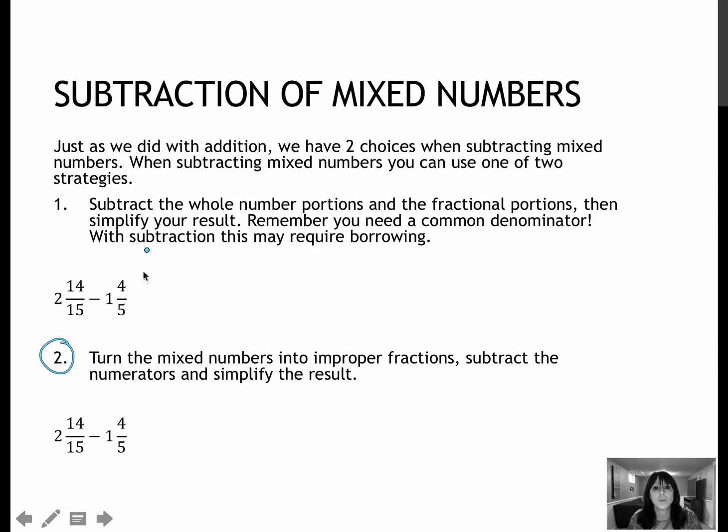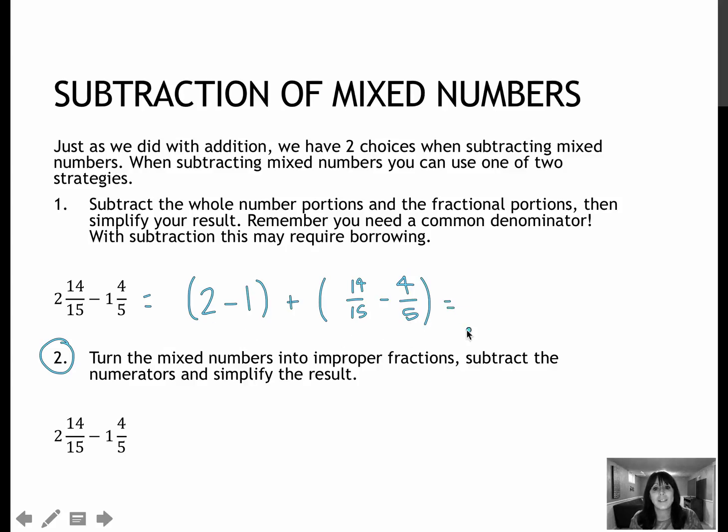So when we're subtracting, again, we can choose to separate these out to have 2 minus 1, subtracting the whole number portions, and then adding to that 14/15 minus 4/5. So really we're taking the whole numbers and subtracting them, and then the fractional portions and subtracting them.